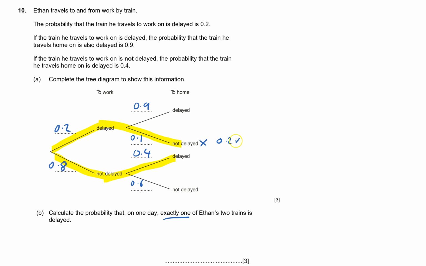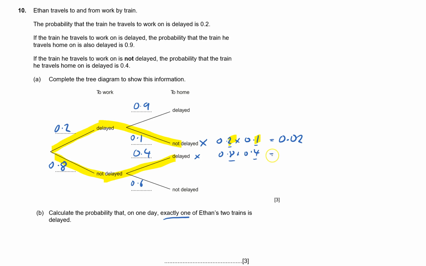So that's 0.2 times 0.1. When I'm timesing decimals, I do 2 times 1, and that gives me 2. And I've got 2 numbers after the decimal point, so my answer must have 2 numbers after the decimal point. So it's got to be 0.02. And this one here, I can mark it across to remind myself to times them, and that'll be 0.8 times 0.4.